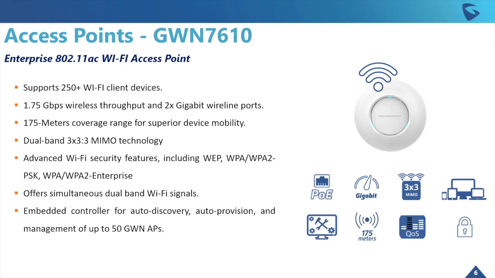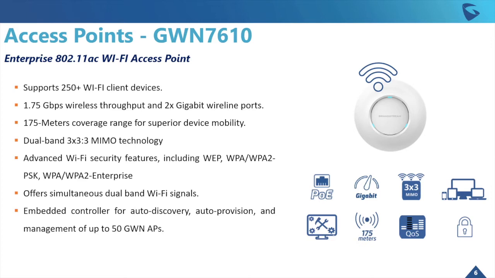And WPA2, which stands for Wi-Fi Protected Access version 2, is the most secure among these encryption protocols, and we always recommend using WPA2 because it uses AES, or Advanced Encryption Standard, instead of TKIP.